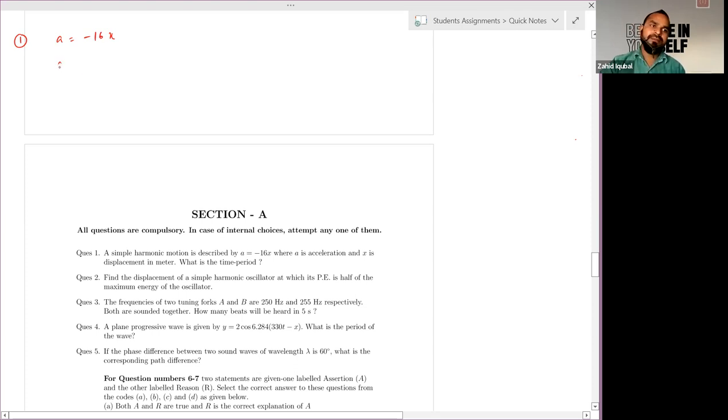According to the formula, acceleration is equal to minus omega squared x. Comparing these two equations, the coefficient of x is omega squared. So omega squared is 16, omega is root 16, that is 4. And omega is also equal to 2 pi by T. So T equals 2 pi by 4, that is pi by 2 seconds.